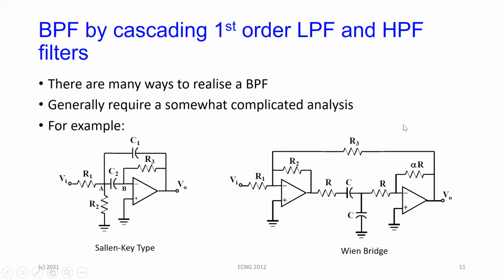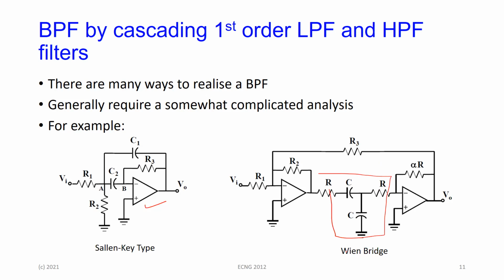Now, there are many ways to create the bandpass filters. For instance, you could do the Sallen-Key type, which is what we have here on the left-hand side. Notice here the resistors and capacitors are a little bit different. Or you could use particular frequency selective networks.